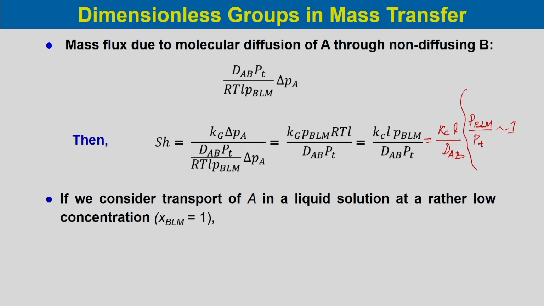Now, if we consider transport of A in a liquid solution at a rather low concentration where xBLm is 1, in that case we can write the convective flux NA as equal to kL delta CA. kL is the liquid phase mass transfer coefficient and delta CA is the concentration driving force in the liquid phase.